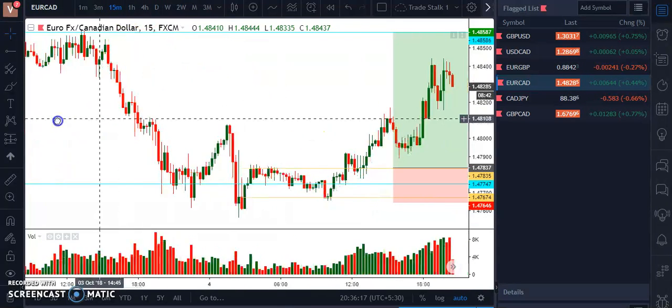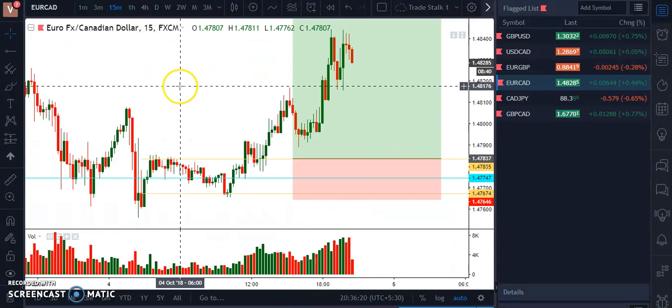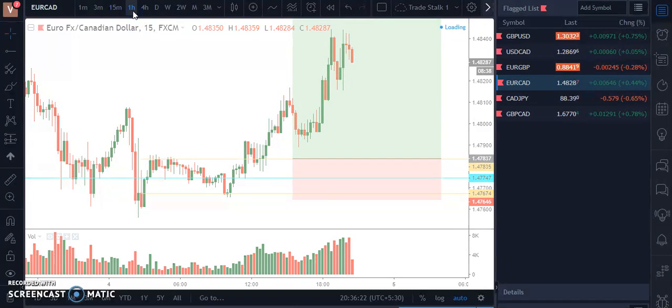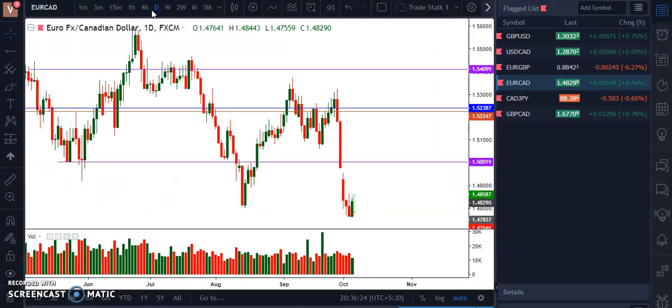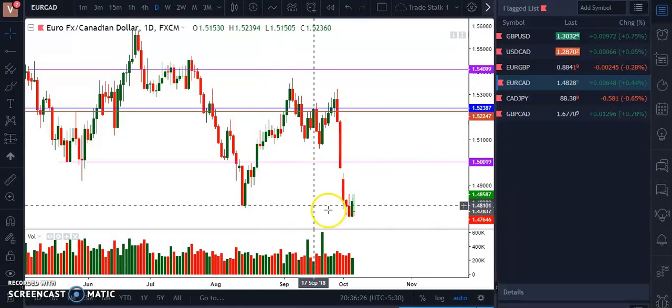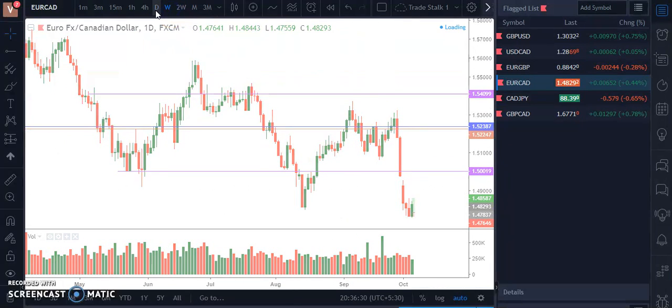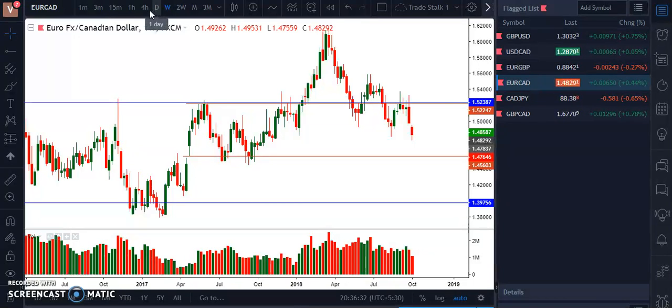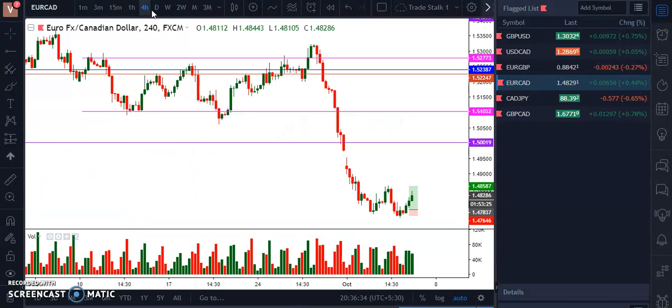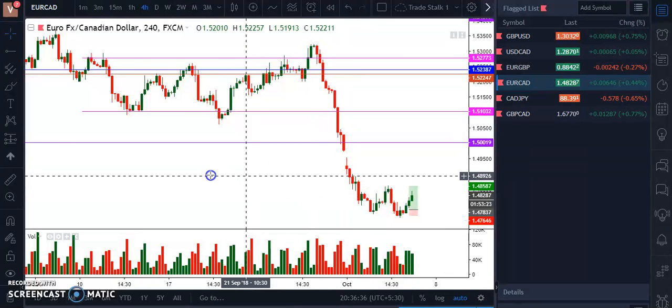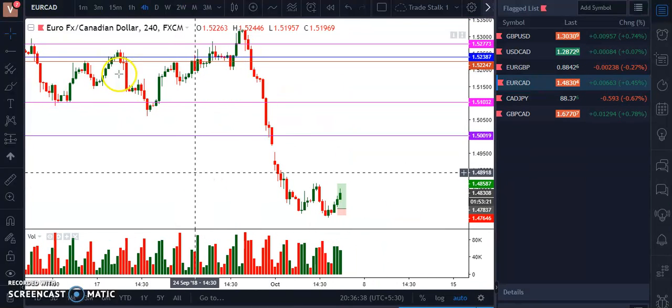Euro CAD also, I think there was a very, very nice entry over here. Overall, did this have any weekly logic? No, it did not have much weekly logic. It was still a sell, but I'm starting to see the buyers coming strong.